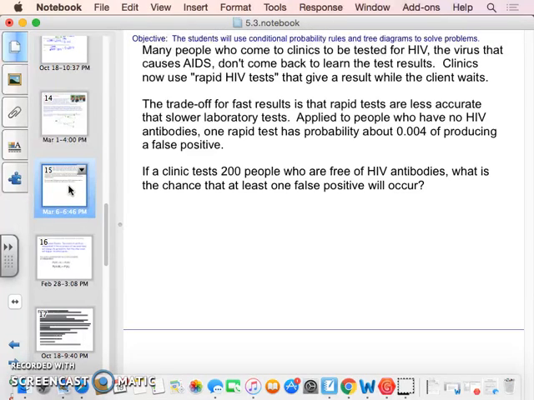This one, you do not have to make a tree diagram. You just have to think, if 200 people are free of the antibody and there's a 0.04% chance of getting a false positive, we want to know the chance of at least one false positive occurring, or how many people are expected to get that.